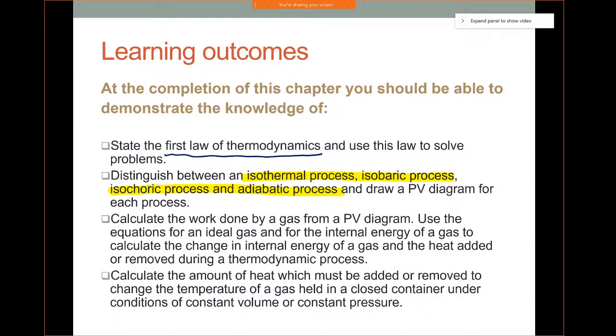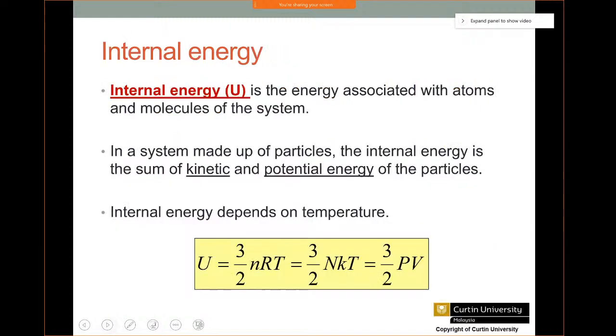We will calculate the work done, the internal energy, and the heat of the thermodynamic processes. Basically there are 2 main things here: one is the first law of thermodynamics, and the other is the processes. After that is the combination of the two.